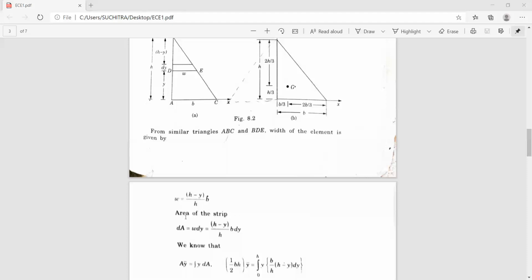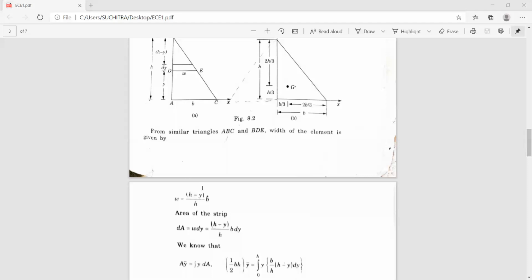And the area of this elemental strip, we shall call it dA. Now, the area of this elemental strip dA is nothing but W into dy. So from the similar triangles, W by B is H minus Y divided by H, or W is equal to (H minus Y) by H into B. Now the area of the elemental strip is W into dy.